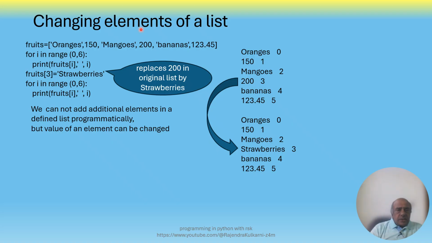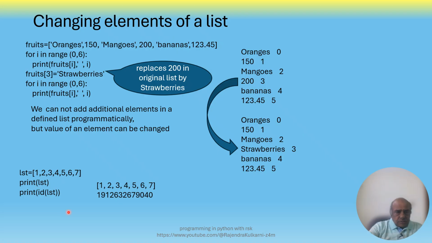We cannot add additional elements in a defined list programmatically, but the value of an element can be changed. There is a list 1, 2, 3, 4 up to 7. Its ID is given as ending with 9040.